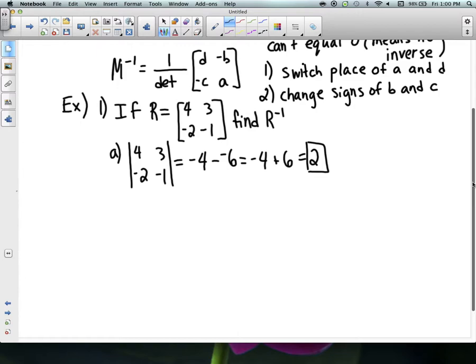So our inverse is going to be 1 over the determinant. You're going to switch the location of the 4 and the negative 1. That's considered your main diagonal. And then you're just going to change the signs of the other two values, so negative 3 and 2.